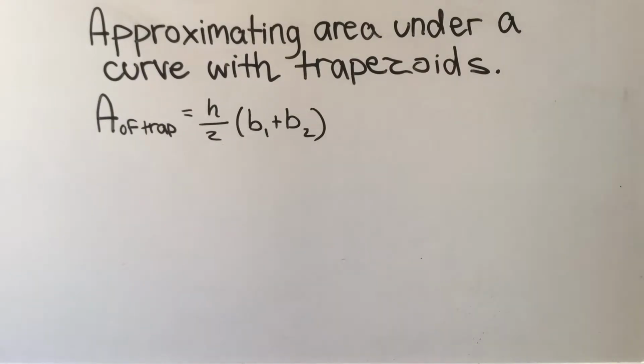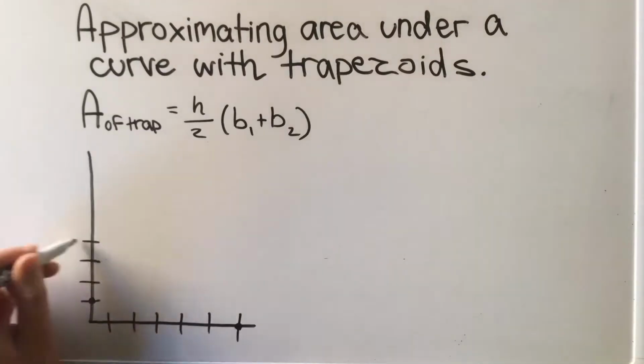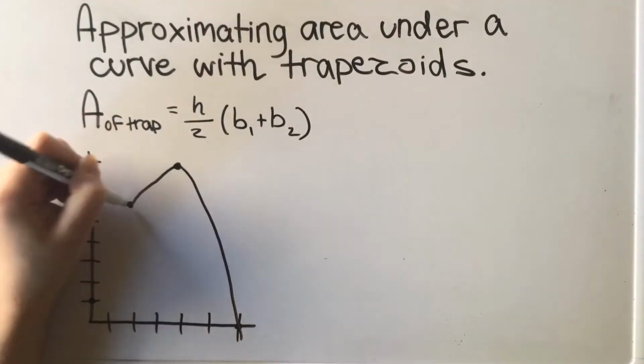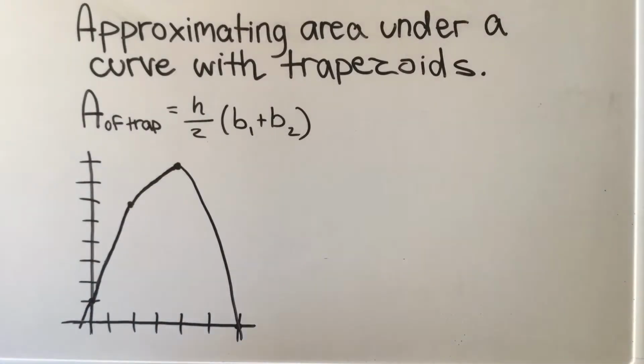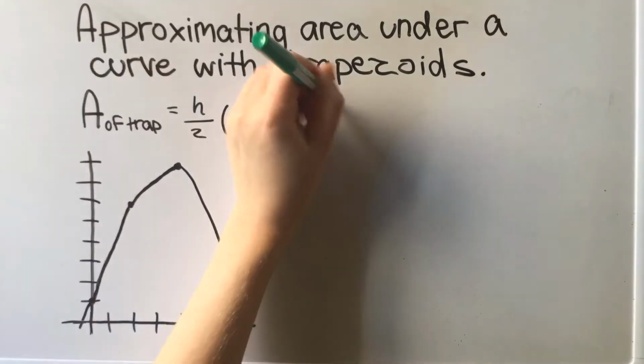So I didn't give you an actual function. This is just a rough graph. And the graph looks like this. You can see there's a point at 0, 1, 2, 6, it looks like, and 4, 8.